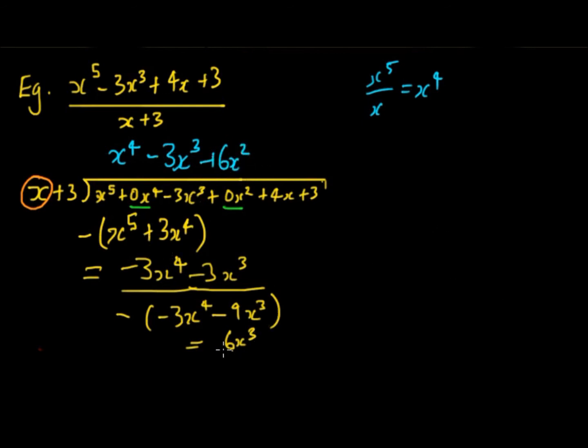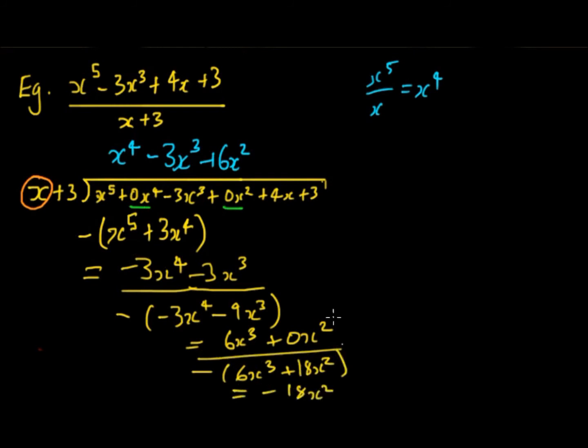And once again, you repeat the process, bringing that down, plus 0x squared, minusing from 6x cubed plus 18x squared, and we get negative 18x squared, which will go up here, negative 18x.